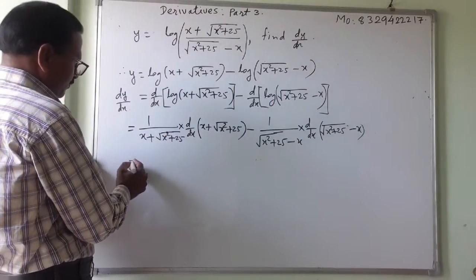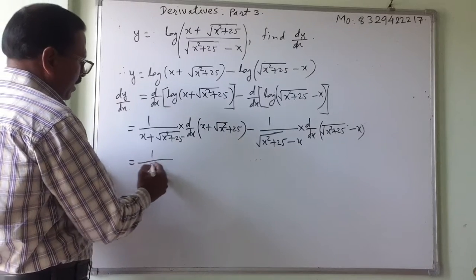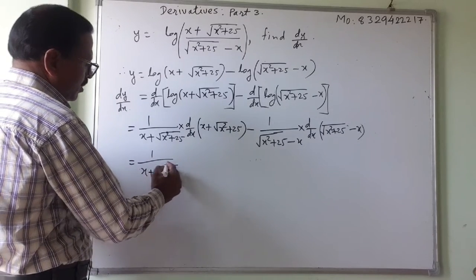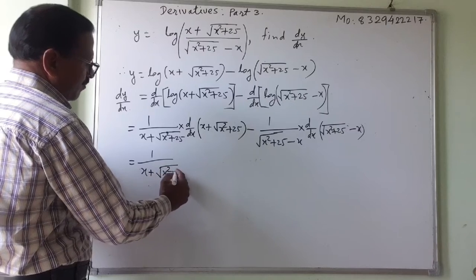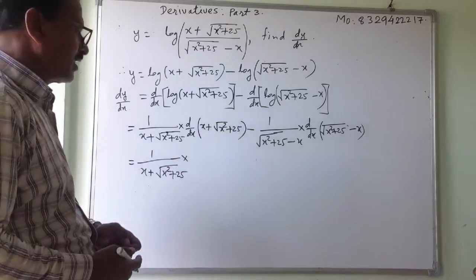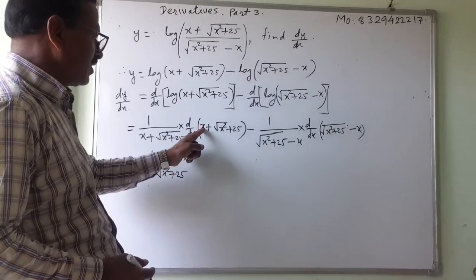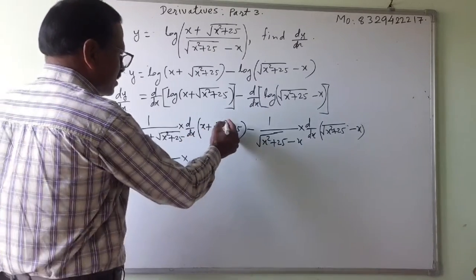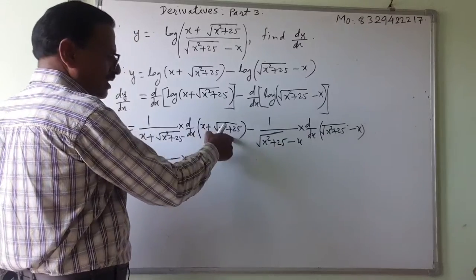That is equal to 1 upon x plus under root x square plus 25 into, now here the derivative of individual terms, derivative of this plus derivative of this.